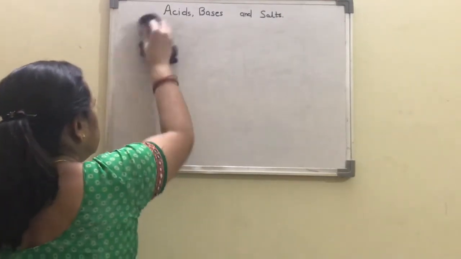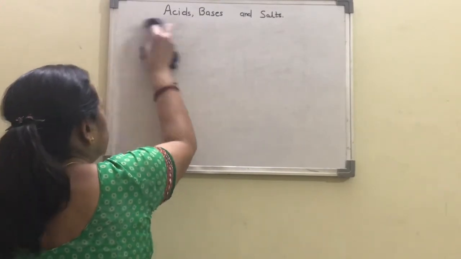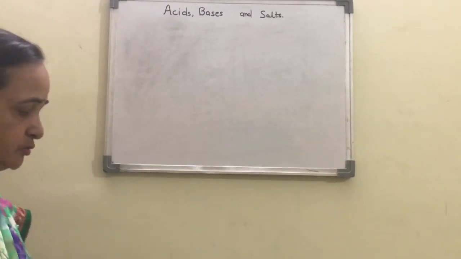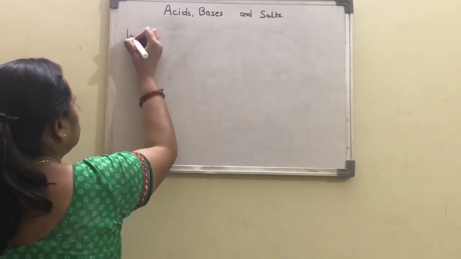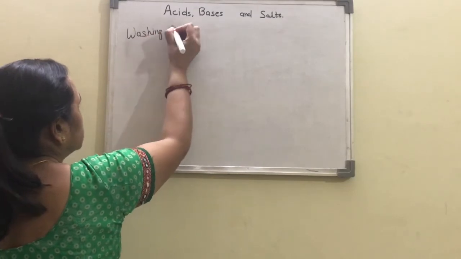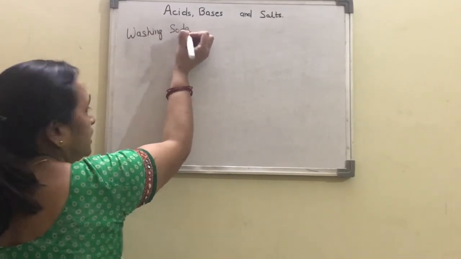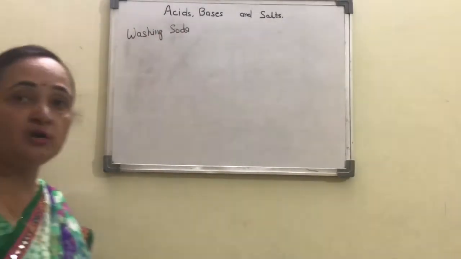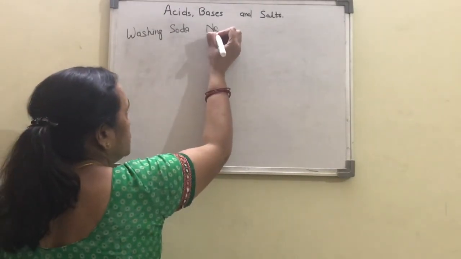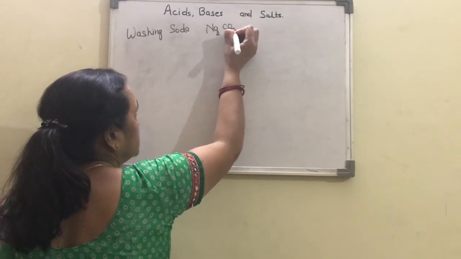There is a very small difference, that instead of hydrogen, only sodium, carbon and oxygen are there. So let's write washing soda. Here also we should know the formula of washing soda. The formula for washing soda is Na2CO3.